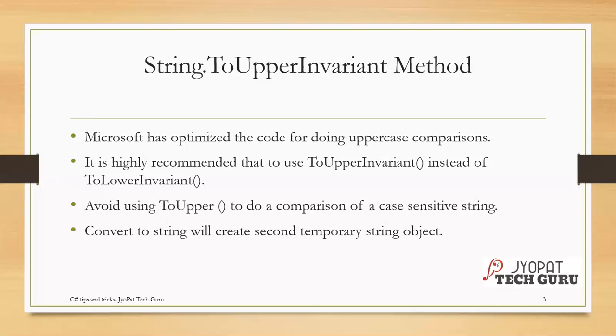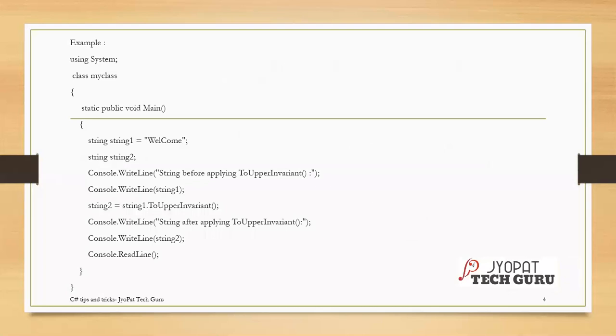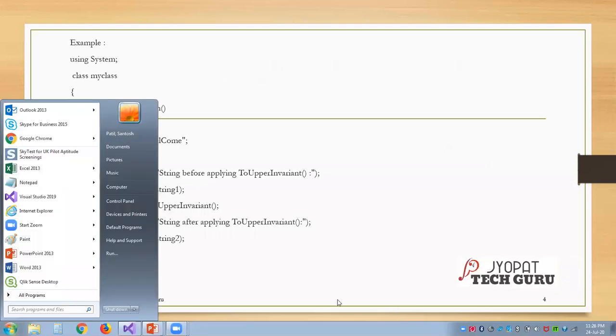It is better to use the ToUpperInvariant method. Whenever you are converting it, it is trying to create a second temporary string object. Let us try to understand with an example. Let us go to Visual Studio.